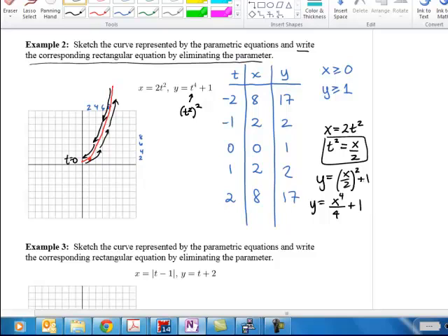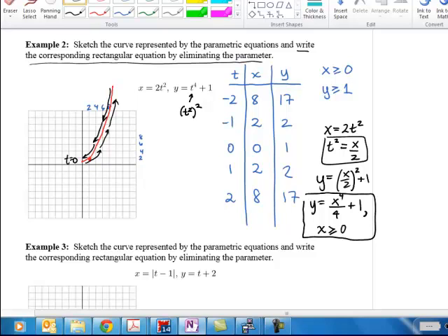So not a parabola, but at least a degree 4 polynomial, right? Shifted up 1 like we're expecting, but that particular graph would also have a branch on the left side of the y-axis, and this does not have that. So what we have to include is a restriction that x is only greater than or equal to 0.